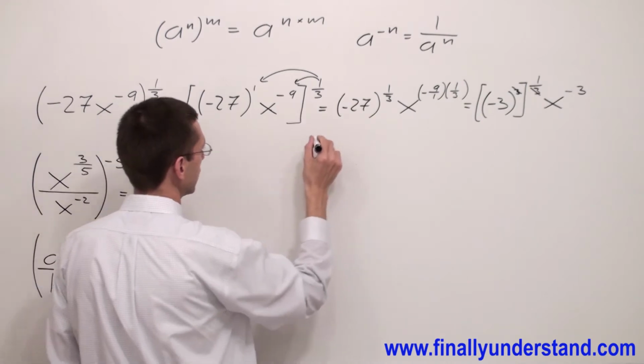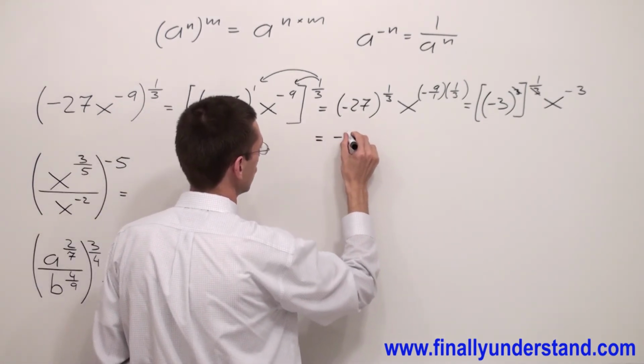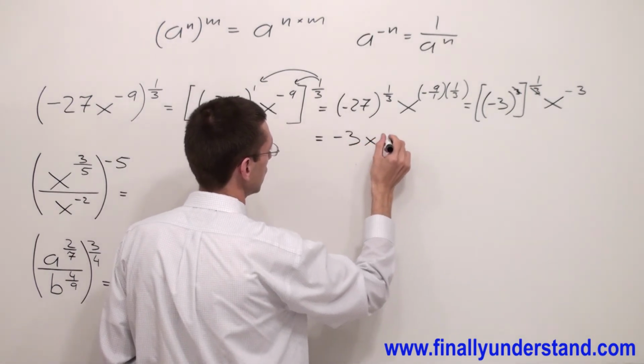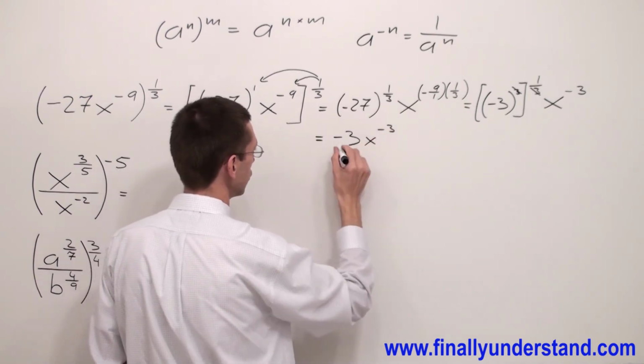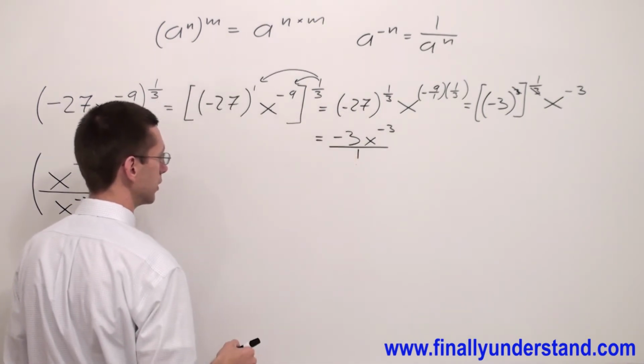Now, I can rewrite this problem and say I have negative 3 x to negative 3. Because I have a negative exponent, I'm going to convert the expression to a fraction by writing this over 1.